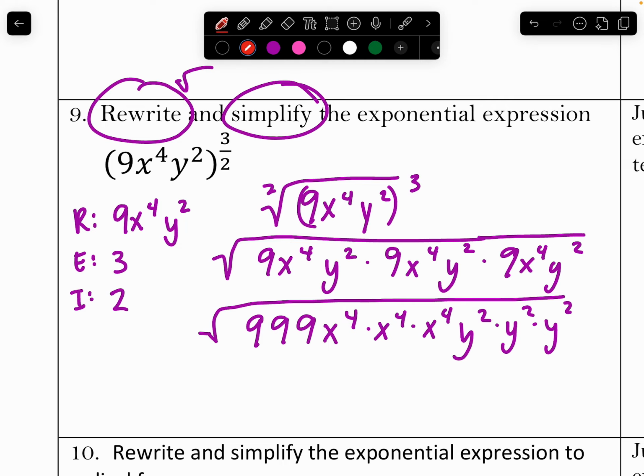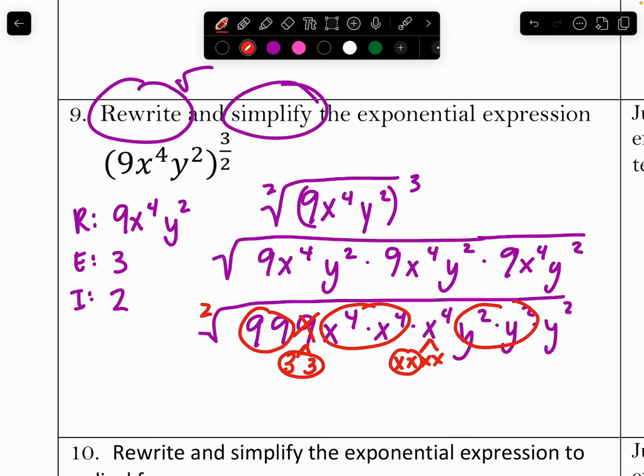So index is 2. Circle 2 pairs of each. 2 pairs of each. Right? Oh, but then we break these down. So that's 9, 3 times 3. There's 4 x's here. 1, 2, 3, 4. Circle 2. There's 2 y's.